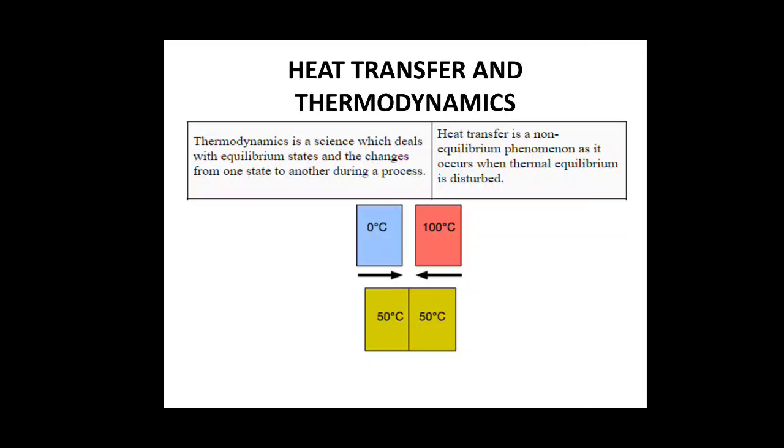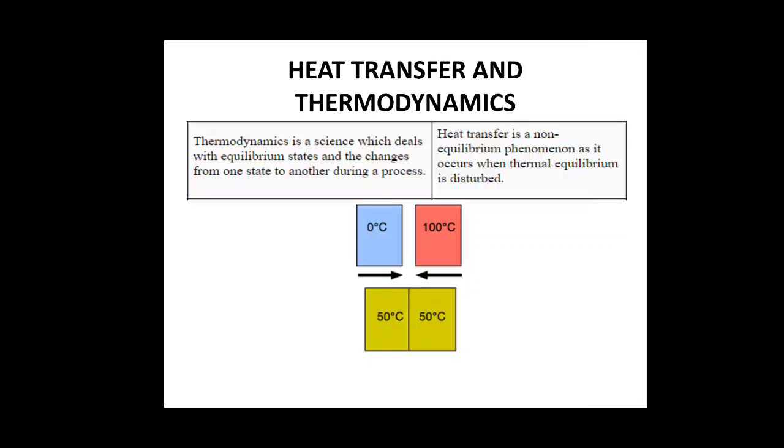Now there are a few differences between heat transfer and thermodynamics that we have to be very clear about. I have mentioned the differences here. Thermodynamics is a science which deals with the equilibrium states and the changes from one state to another during a process, and heat transfer is a non-equilibrium phenomenon, as it occurs when thermal equilibrium is disturbed.